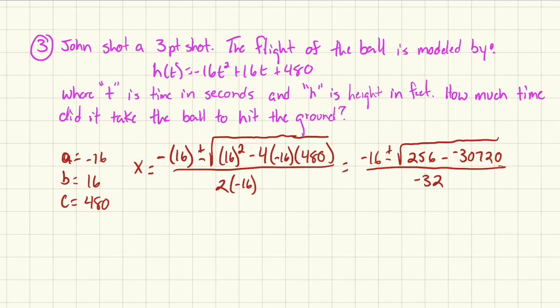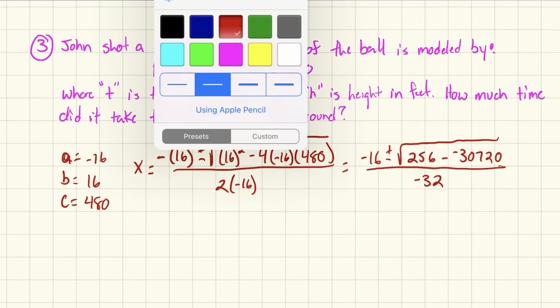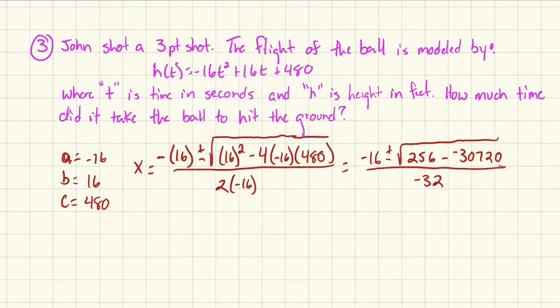Now, one thing that we do have to take a look at is something that's happened from time to time. We have negative, negative. Remember that negative times a negative just makes a positive. So we are adding.